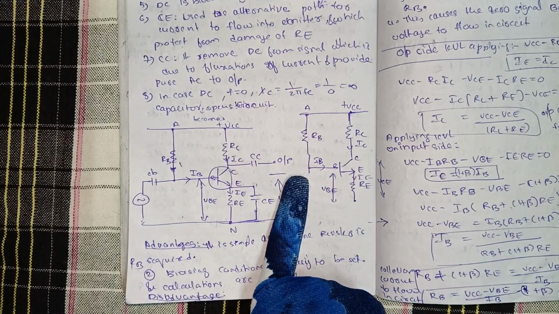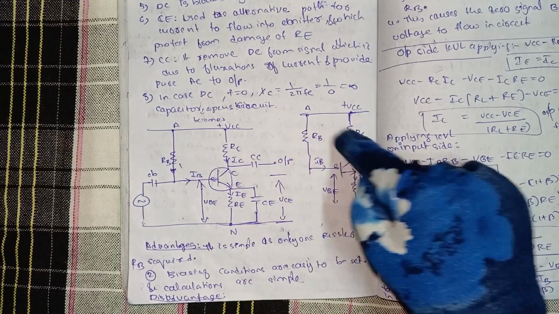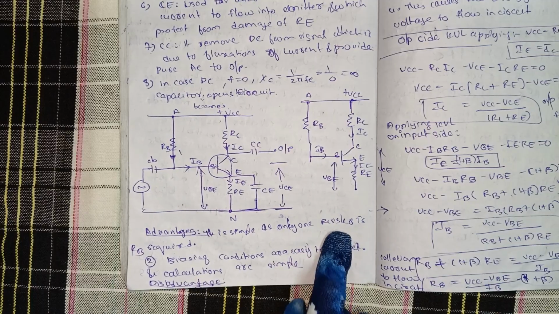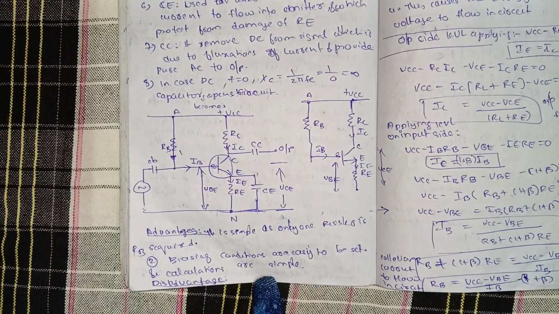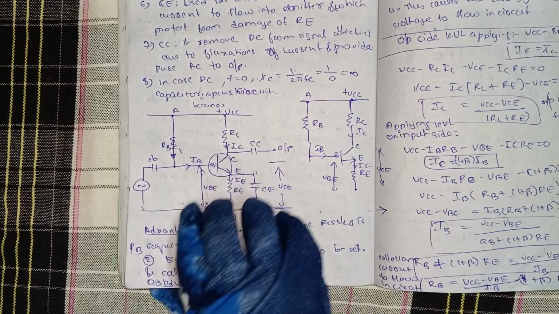Then we have redrawn this diagram. Its advantages are that it is simple, as only one resistor, RB, is required, biasing conditions are easy to set, and calculations are simple.